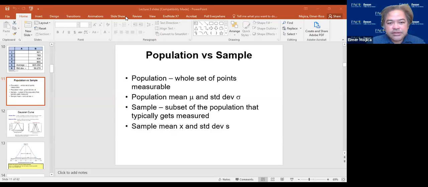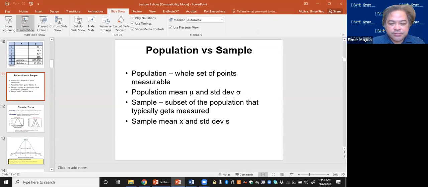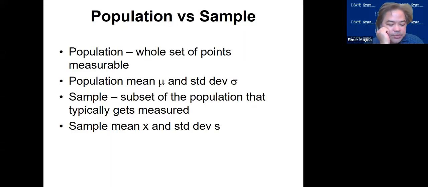Okay, so let us learn some terms as we continue in this chapter. Population versus sample. The population is the whole set of points that is measurable. Usually in the population, the mean is mu and the standard deviation is sigma.